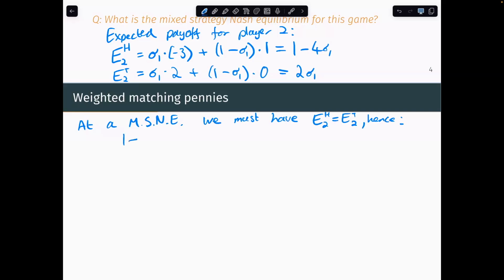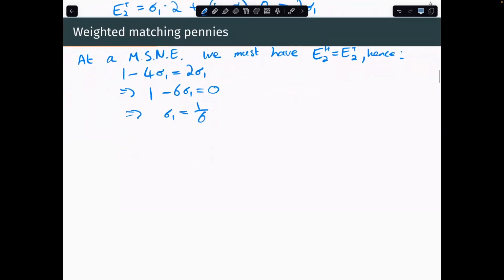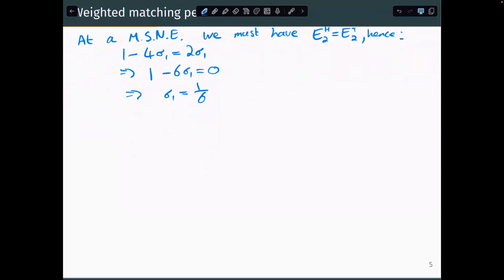So in other words, we just equate these 2 things. 1 minus 4 sigma 1 is going to equal 2 sigma 1. And a little bit of rearranging, we have 1 minus 6 sigma 1 equals 0. In other words, sigma 1 has to be 1/6. So that means that 1/6 of the time, player 1 should be playing heads. We'll come back to a bit of interpretation of this at the end.